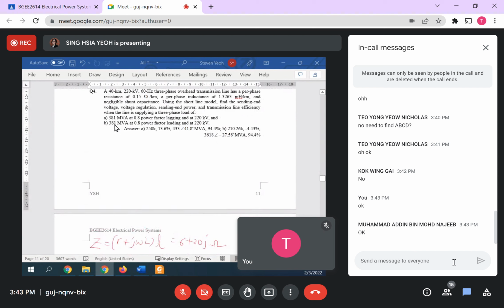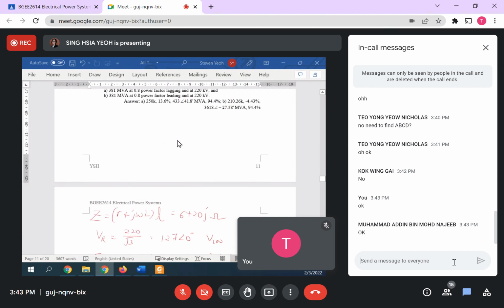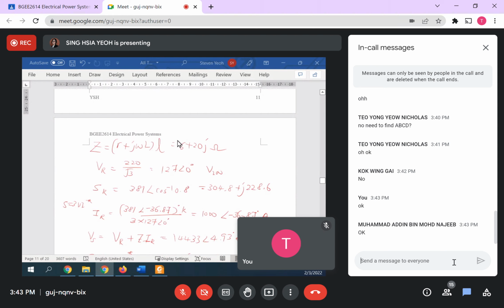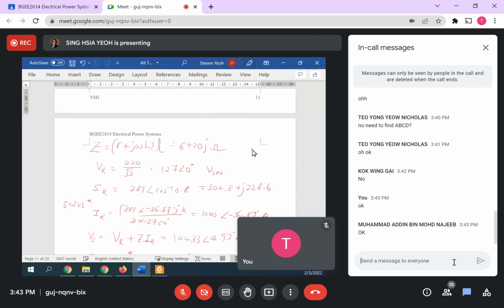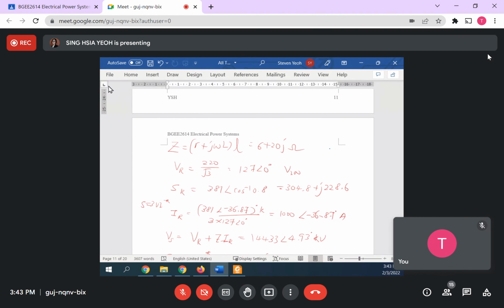For part B, leading power factor, the answer is basically the same, just that some symbols change. I think the Z value is still the same, and the VR value should still be the same. Here is the thing you need to change.